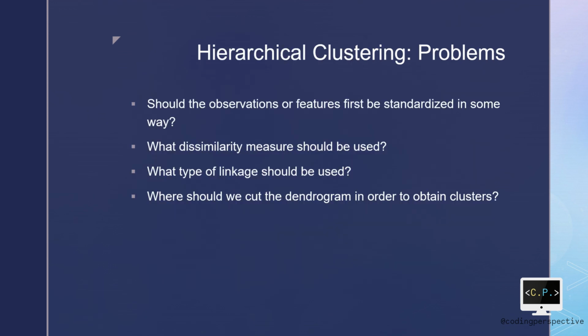There are some practical problems regarding the clustering methods and also hierarchical clustering. First, should we standardize the observations or features in some way? Or what dissimilarity measure should we use? What type of linkage should be used? Or where should we cut the dendrogram in order to obtain clusters?